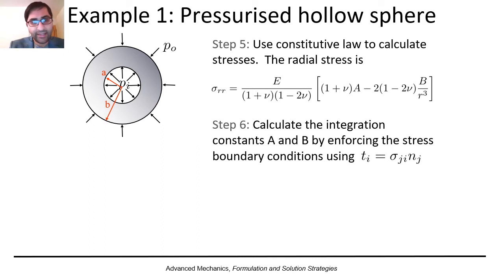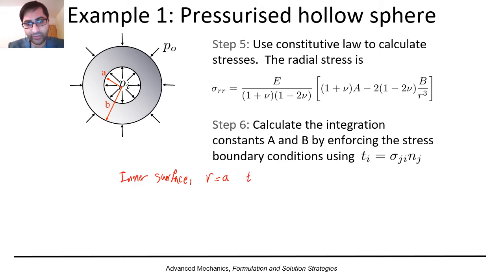At the inner boundary, so inner surface, r is equal to a. The force from the pressure is along the radius of the sphere, so it's along r.